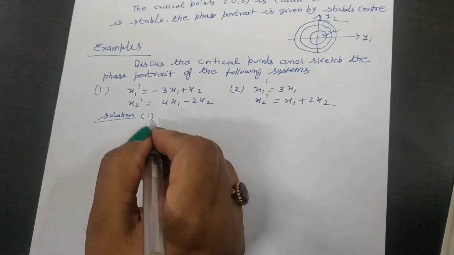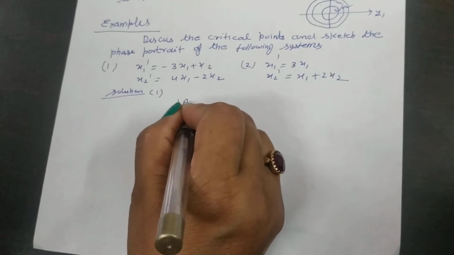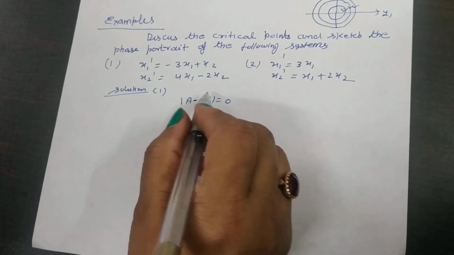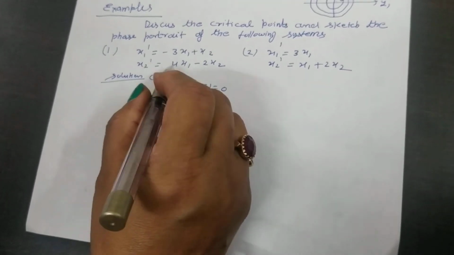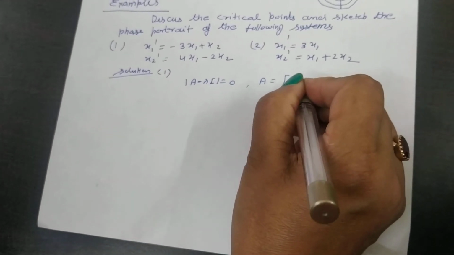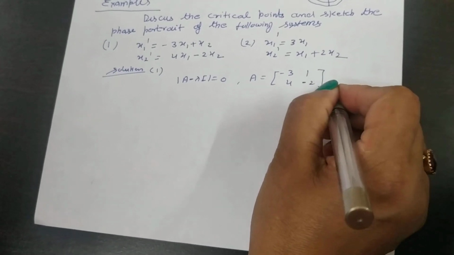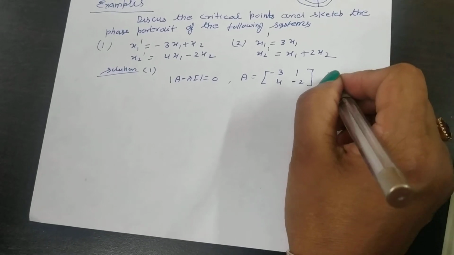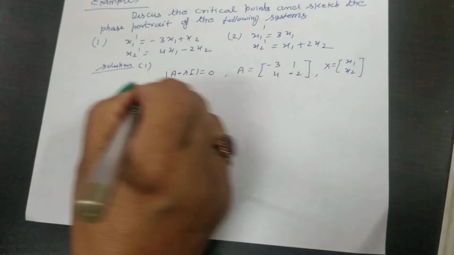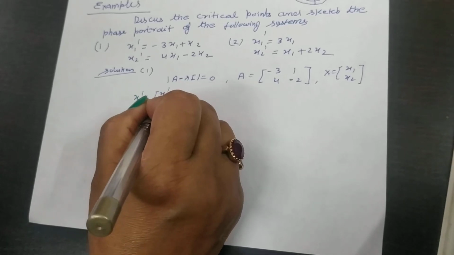From solution 1, we see the characteristic polynomial is the determinant of A minus lambda I equal to 0. Here A is minus 3, 1, 4, minus 2, and x is x1, x2, and x dash is x1 dash, x2 dash.